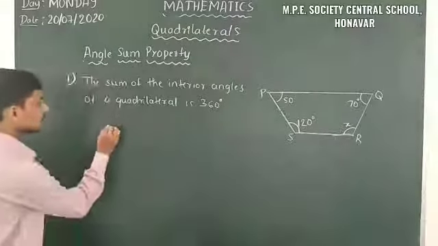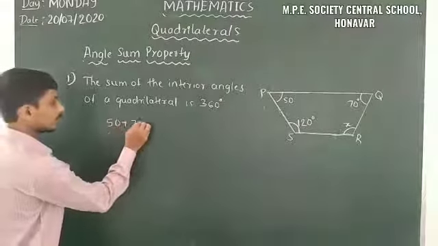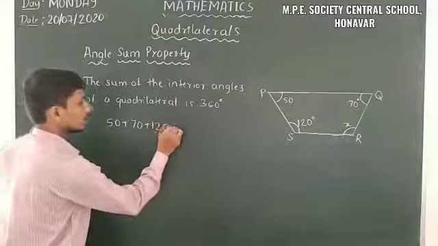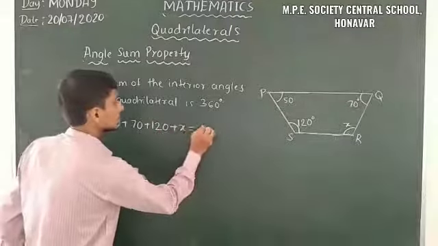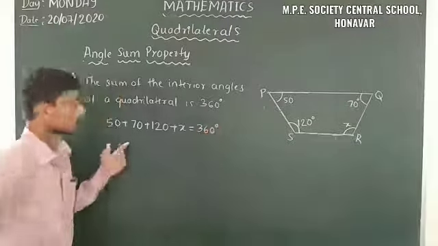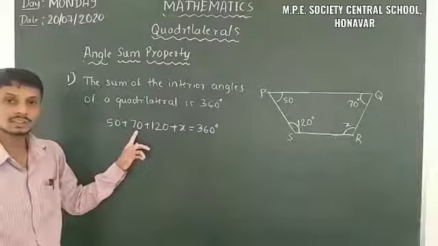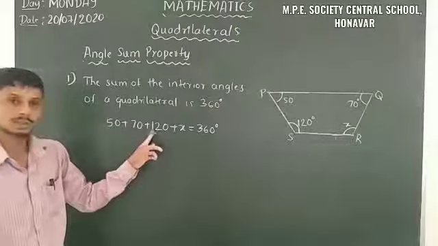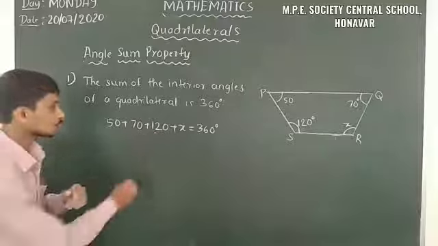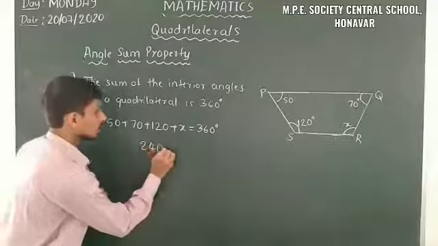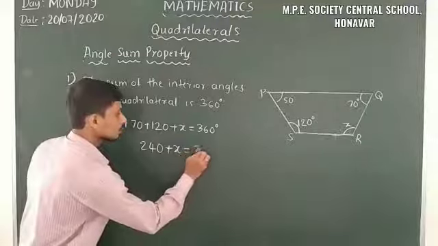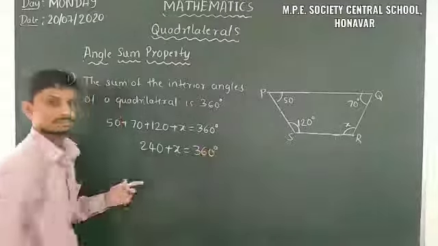That means 50 plus 70 plus 120 plus x is equal to 360 degree. So 50 plus 70 is equal to 120 degree, 120 plus 120 is equal to 240. 240 plus x is equal to 360 degree.